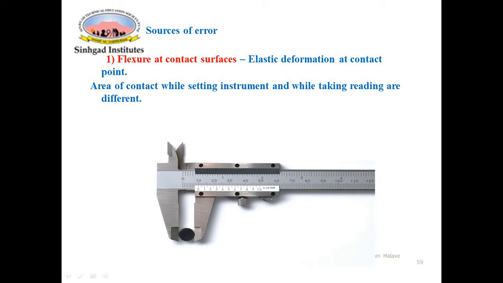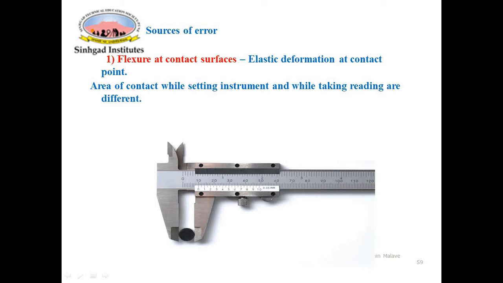You have to send this particular vernier caliper or instrument to a calibration lab. In the calibration lab, they will take the readings of some components available with them. They know the dimensions of those parts, and they will compare them with the dimensions observed using the vernier given by you for calibration.